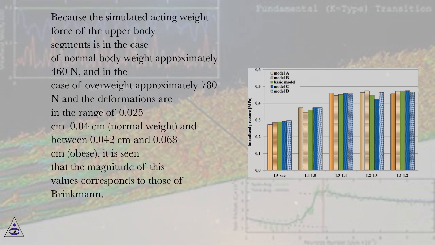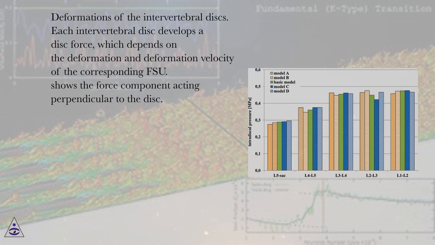Because the simulated acting weight force of the upper body segments is approximately 460 N in the case of normal body weight, and approximately 780 N in the case of overweight, and the deformations are in the range of 0.025 cm to 0.04 cm for normal weight, and between 0.042 cm and 0.068 cm for obese, it is seen that the magnitude of these values corresponds to those of Brinkman. Deformations of the intervertebral discs.